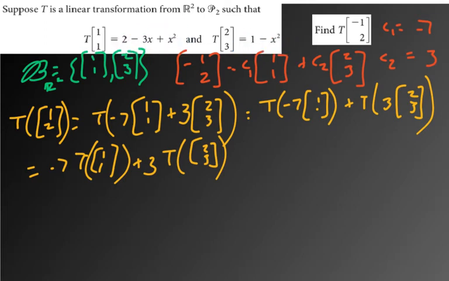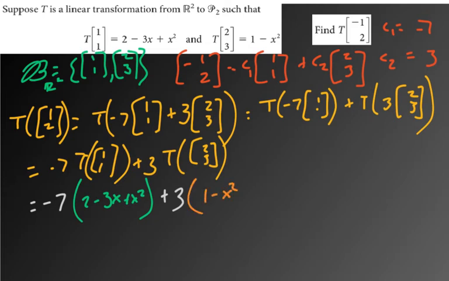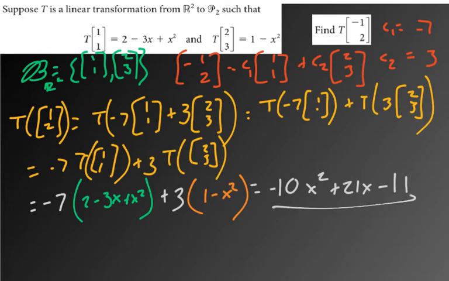So this is negative 7 times (2 minus 3x plus x squared), plus 3 times (1 minus x squared). If you simplify all that, you're going to get negative 10x squared plus 21x minus 11. So that is what T of (-1, 2) is.